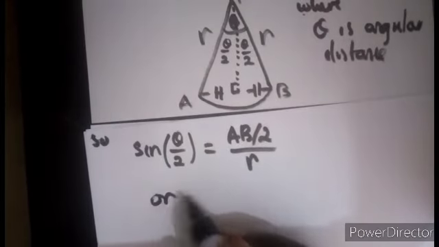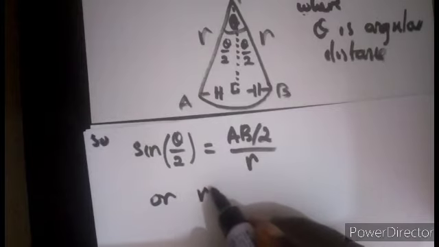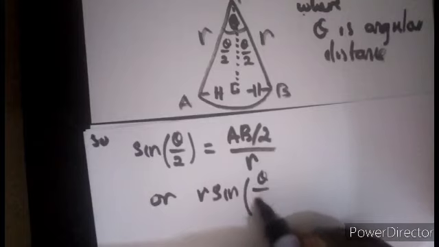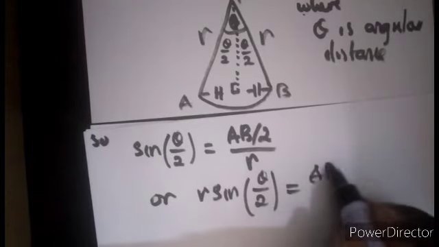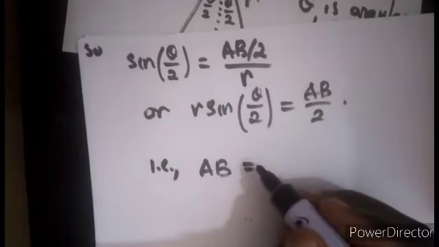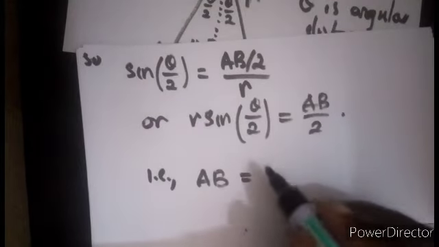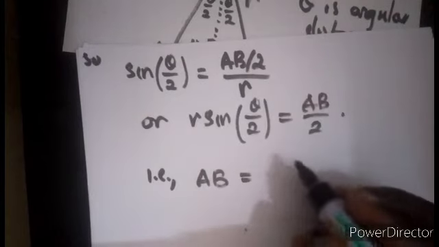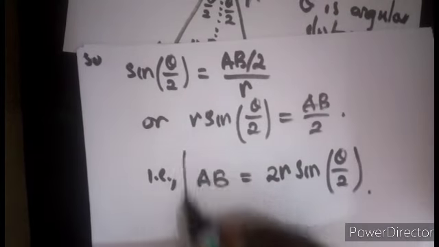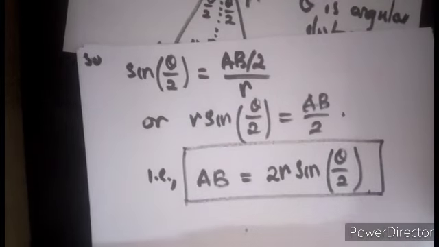Or you see clearly that r sine theta all over 2 is equal to AB all over 2. So AB, which is the shortest distance between those 2 points, is the distance of the chord, and will be 2r sine theta all over 2.